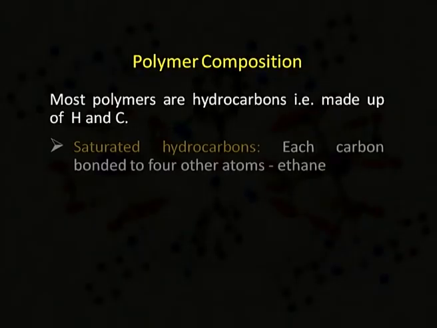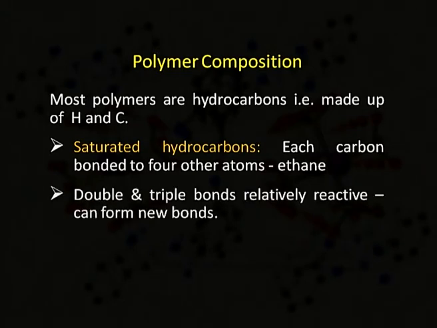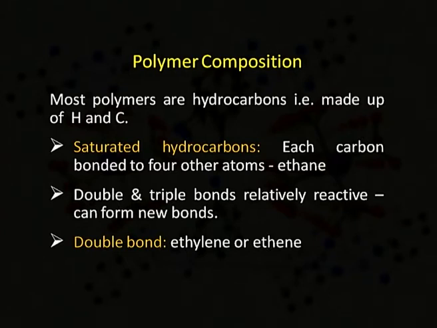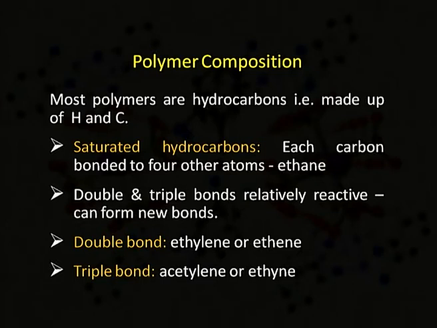Most polymers are hydrocarbons, that is, made up of hydrogen and carbon. These are of the following types: saturated hydrocarbons, each carbon bonded to 4 other atoms, that is ethane, and unsaturated hydrocarbons. These are of 2 further types: double bonded, as ethylene or ethene, and triple bonded, as acetylene or ethyne.